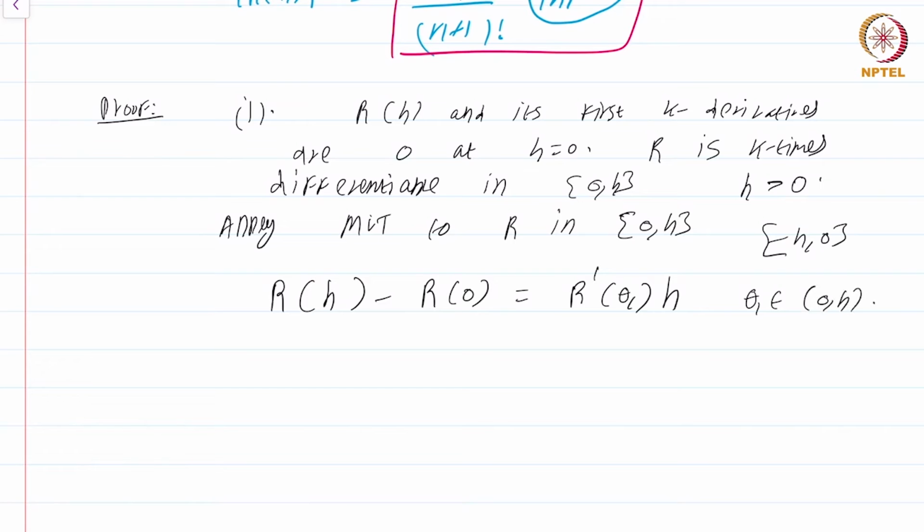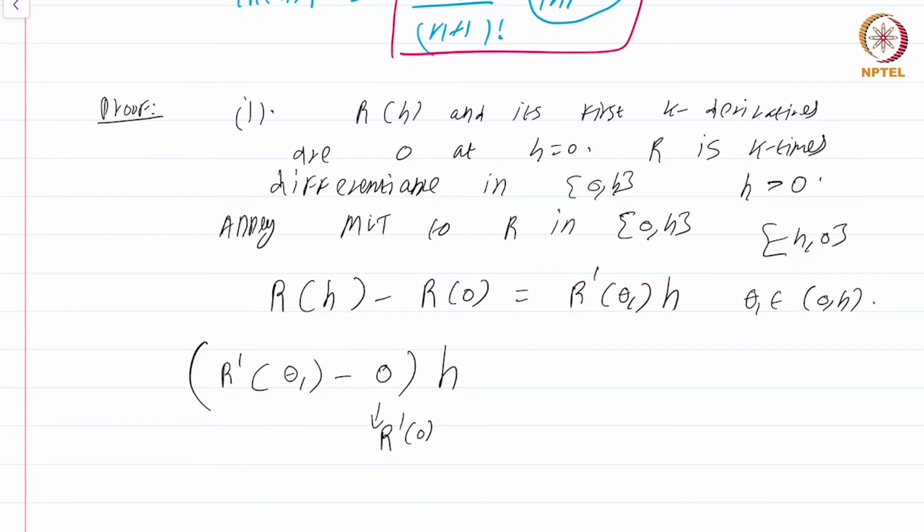Now we can of course apply the mean value theorem again to the function R prime of theta 1 minus 0. Look at R prime of theta 1 minus 0. Well, this is just R prime at 0, right?